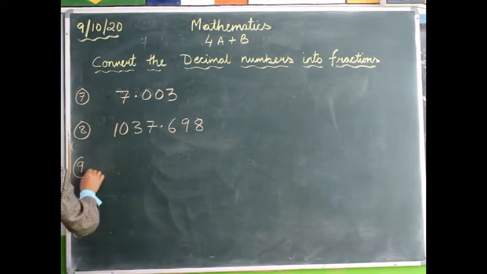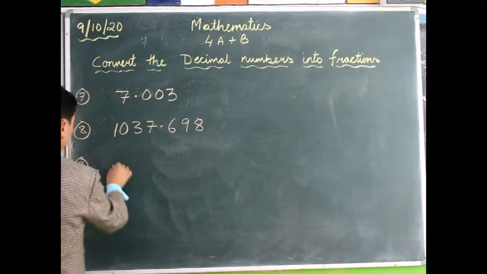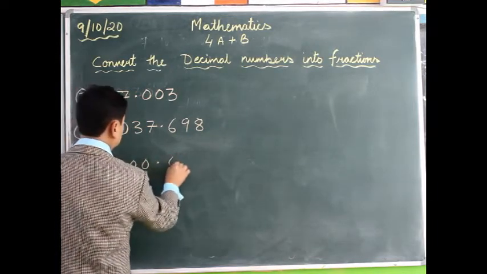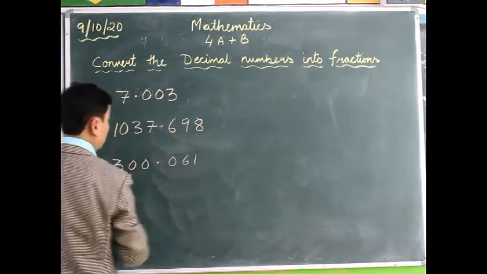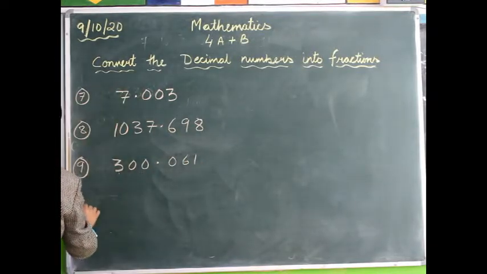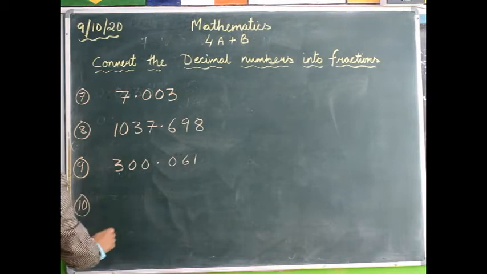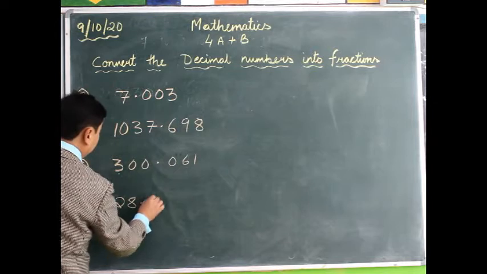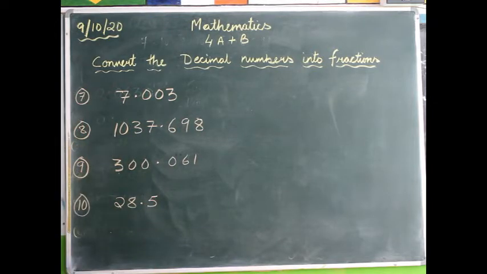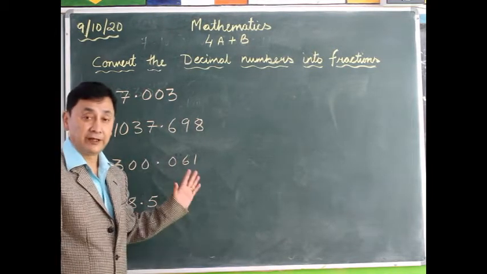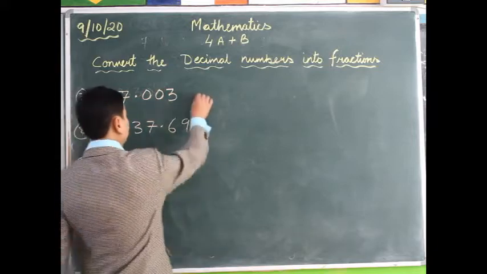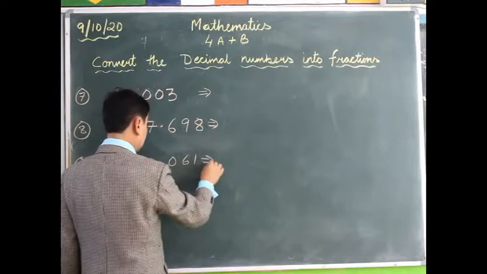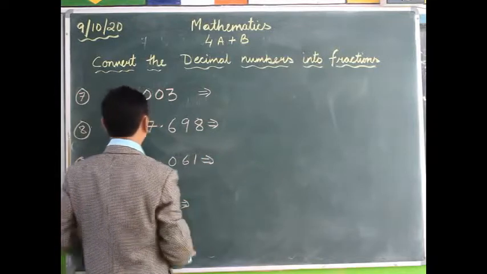Number 9: 300.061. Number 10: 28.5. So are we ready? Remember, it's very easy. So let's do it the first way. Let's convert this into a fraction.